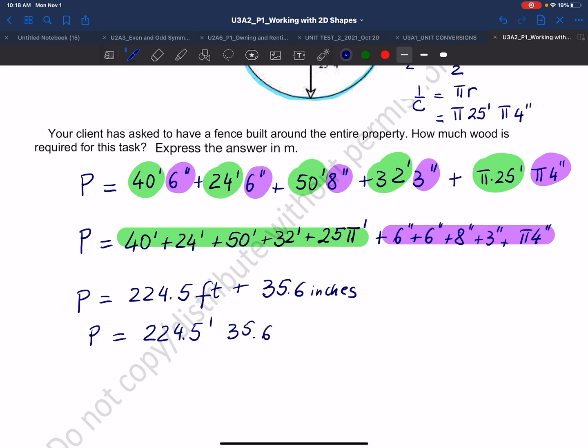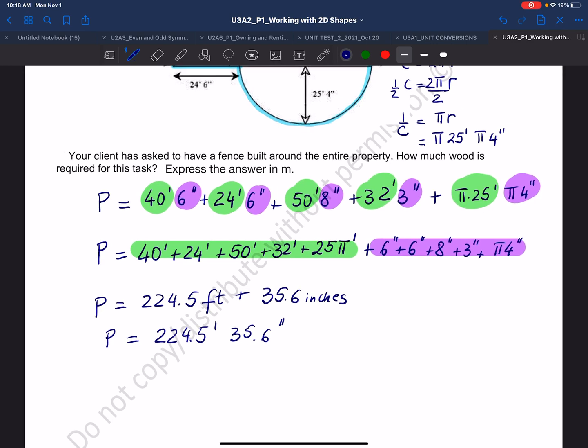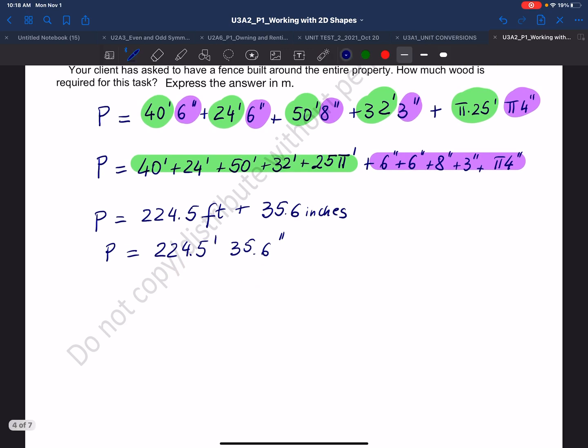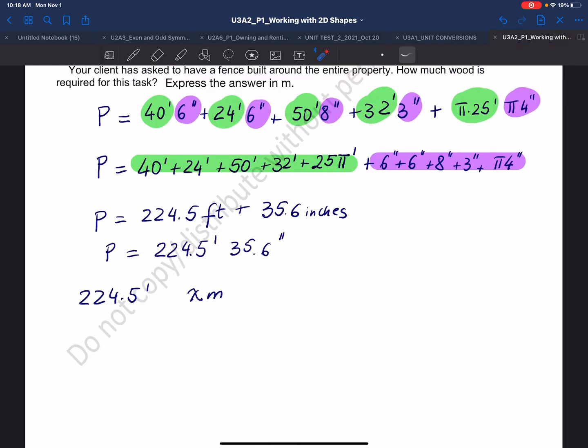Now, because we are looking into meters, what we want to do is convert feet into meters and inches into meters separately. So 224.5 feet equals x meters because we don't know. Now, on the other hand, the conversion of foot to meters is 1 foot, 0.3048 meters.